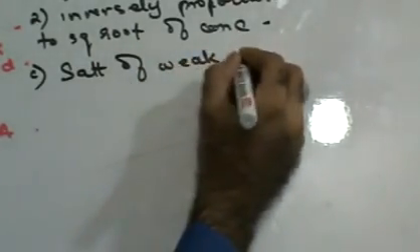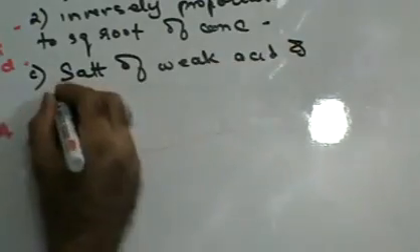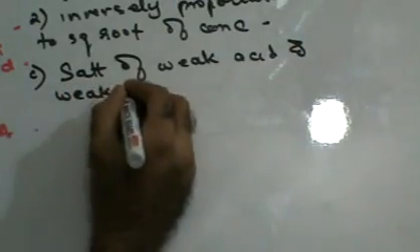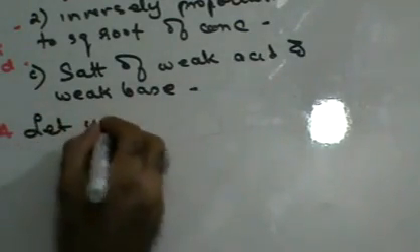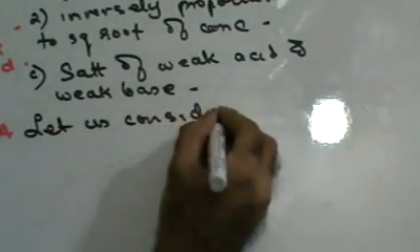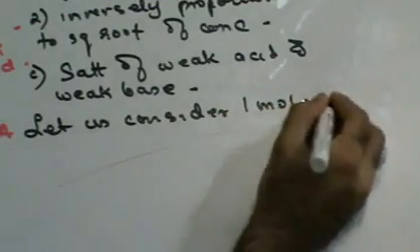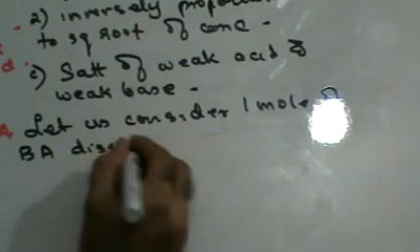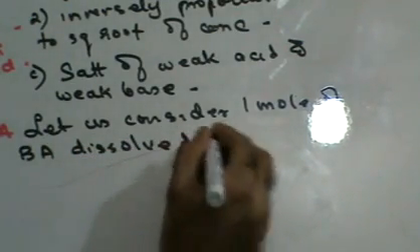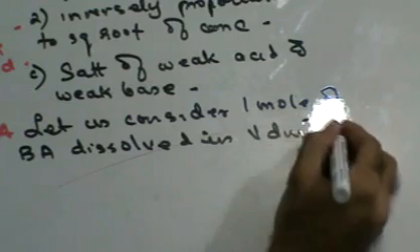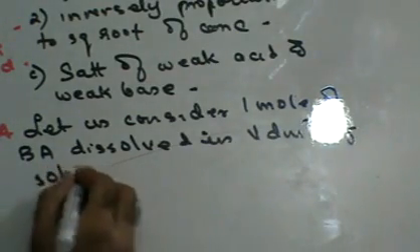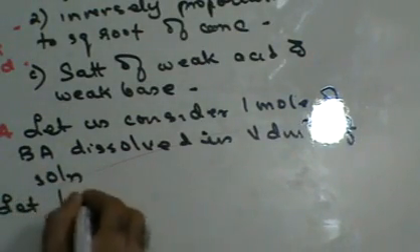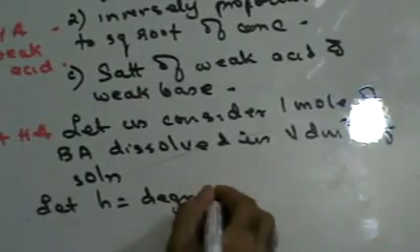So let us consider 1 mole of BA dissolved in 1 decimeter cube of solution. Let H be the degree of hydrolysis.